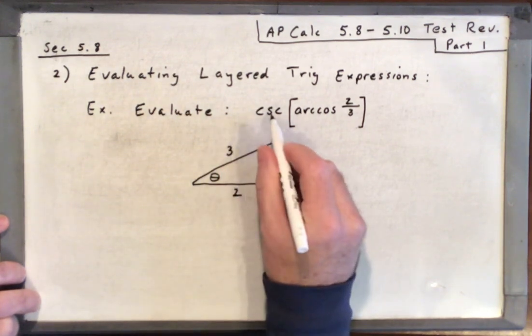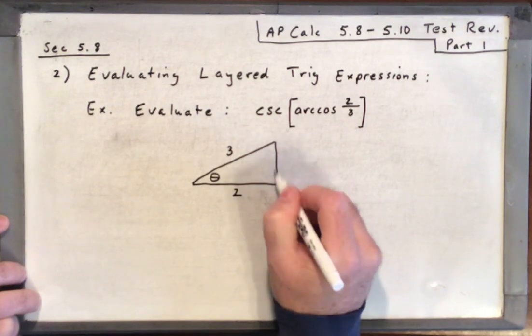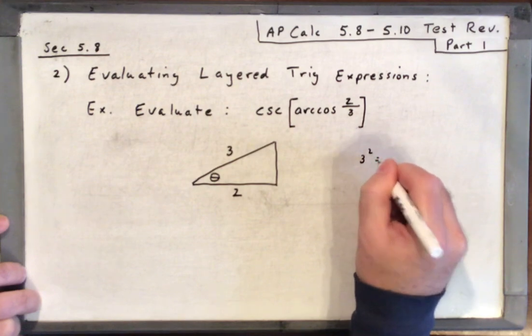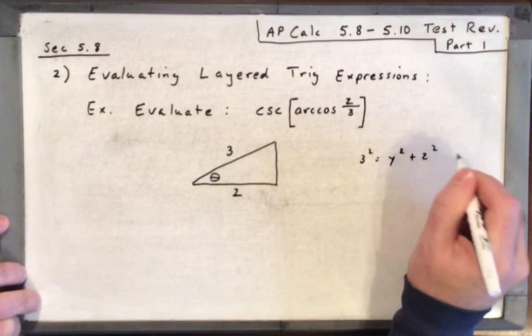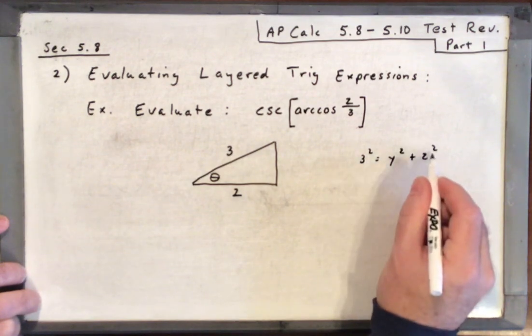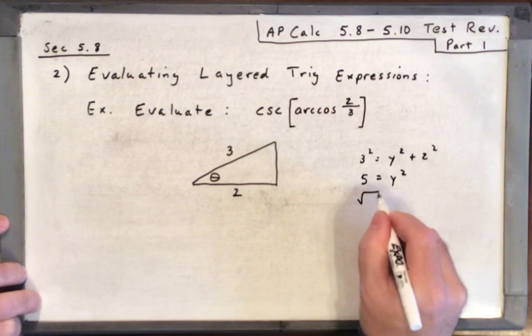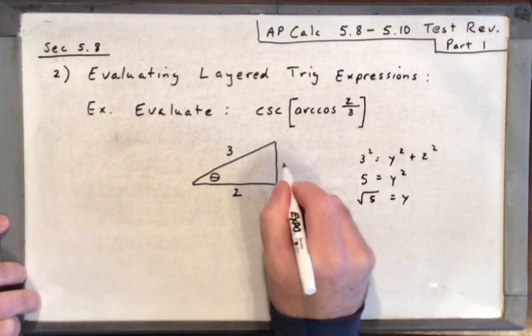Now cosecant involves the opposite side, so we're going to need to use the Pythagorean theorem to get that. So we'd have 3 squared is equal to y squared plus 2 squared. All right, 9 minus 4, 5 is equal to y squared, so the square root of 5 is equal to this missing side.